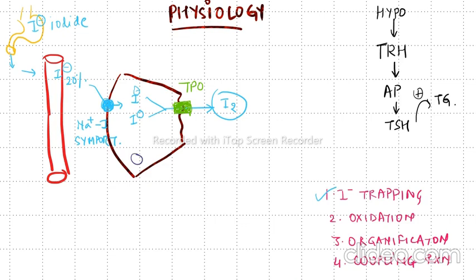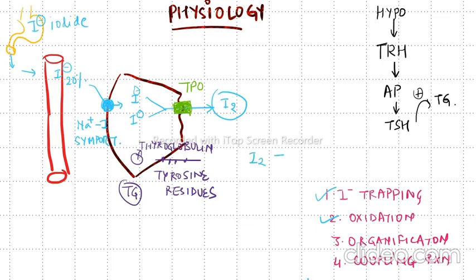Also, there is one more protein which will be formed by the nucleus of the thyroid follicle, that is thyroglobulin. Thyroglobulin is made up of various tyrosine residues. So we have seen the second step also, oxidation. Now organification.